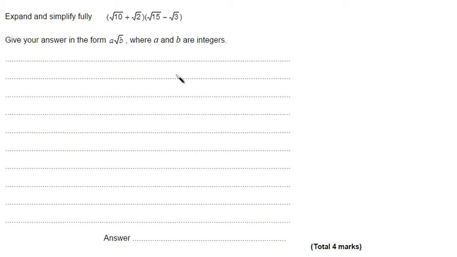Well, let's start with a few insights. I said that we can use grid method or that we can use foiling. Let's just have a look at grid method here. Grid method would be when we're making a rough, very sketchy grid. If we put our root 10 here and our root 2 here, and then our root 15 at the top here, and minus root 3 there, then we would multiply out. We'll do that in a moment, but that would be one way of doing it.